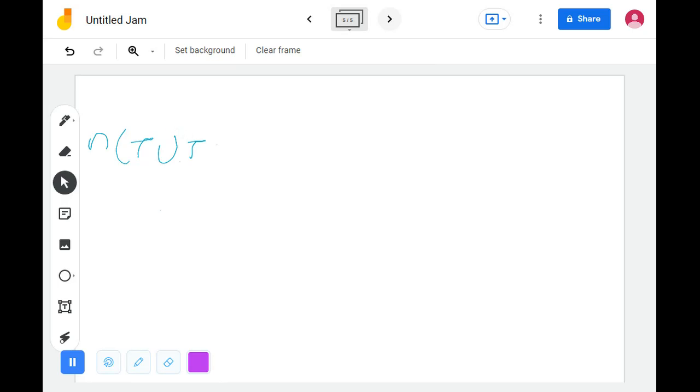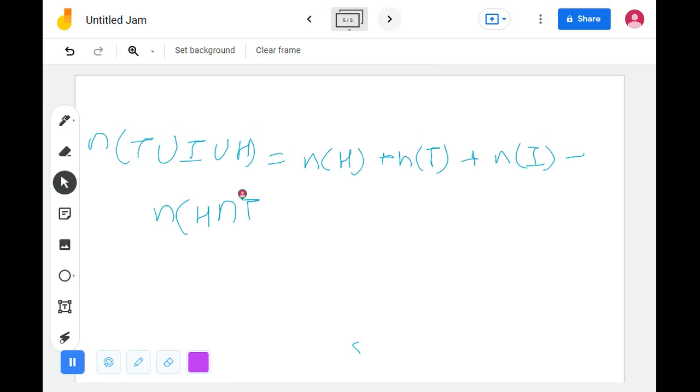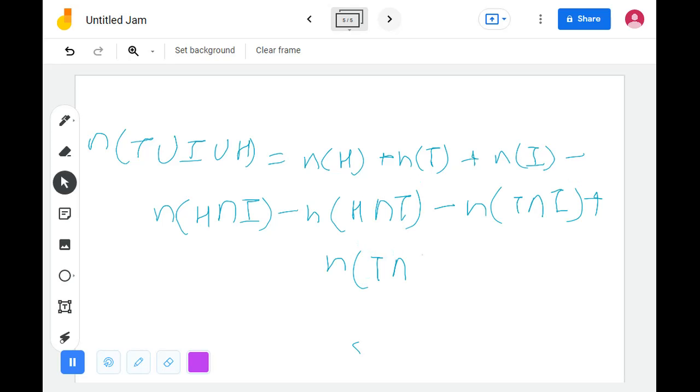Union of H, T, I is equal to number of H plus number of T plus number of newspaper I, minus number of H intersection I, minus H intersection T, minus T intersection I, plus the intersection of all three. Now we just have to put the values in it.